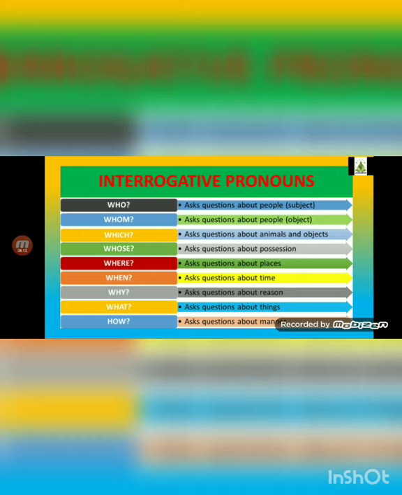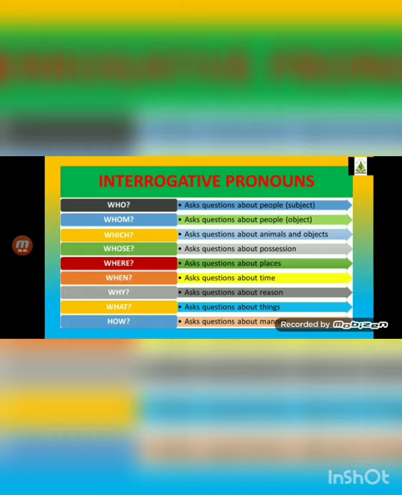Which asks questions about animals and objects. Whose asks questions about possession, as we have already heard. Where asks questions about place. When asks questions about time. Why asks questions about a reason. What asks questions about things. How asks questions about manner.